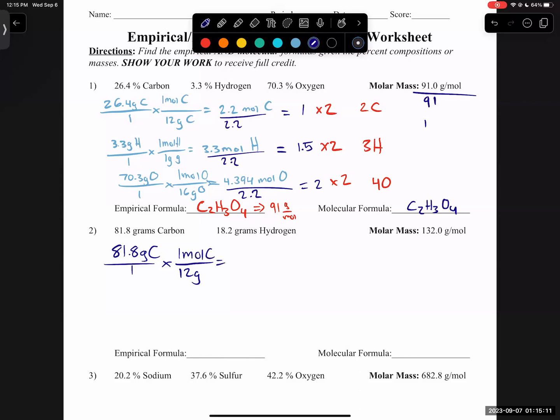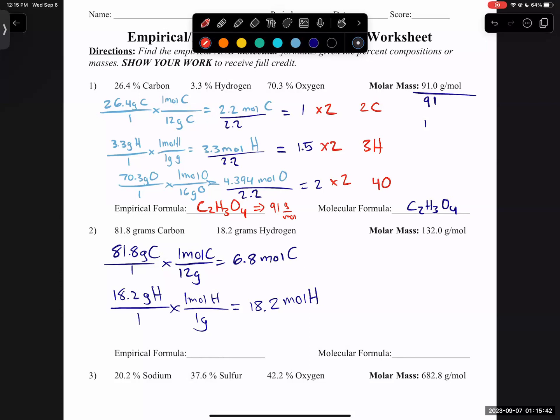And what number does that give me? 6.8. 6.8 moles of carbon. And we'll do the same thing for hydrogen, so 18.2 grams of hydrogen divided by 1 gram for every 1 mole of hydrogen is just going to give us 18.2 moles of hydrogen.